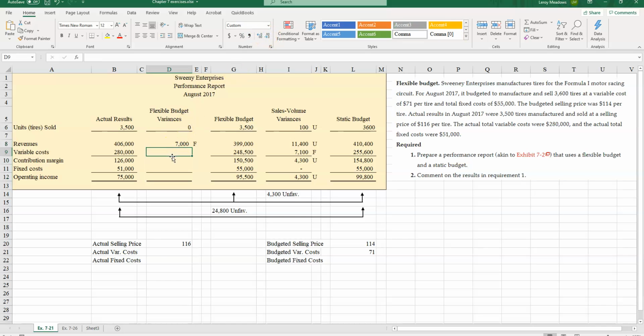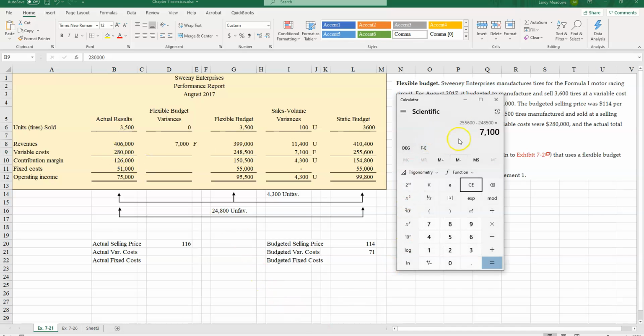Now let's take a look at our variable costs. For making and selling 3,500 units, I should have only incurred variable costs of $248,500. But my actual variable costs were $280,000. Is that good or not good? It's not good, because I should have only had this much in variable costs associated with selling 3,500 units, but I actually incurred $280,000.